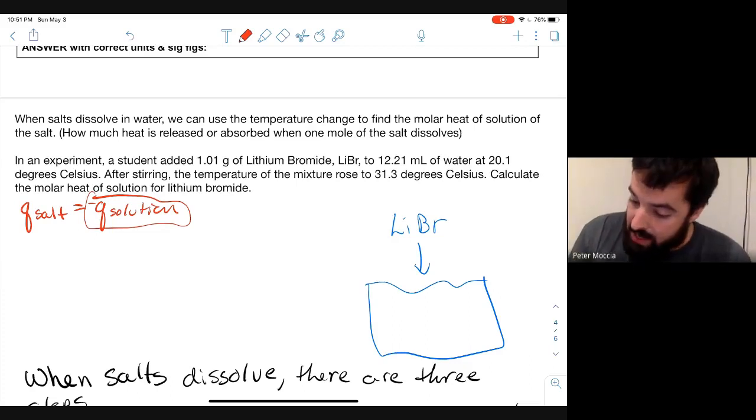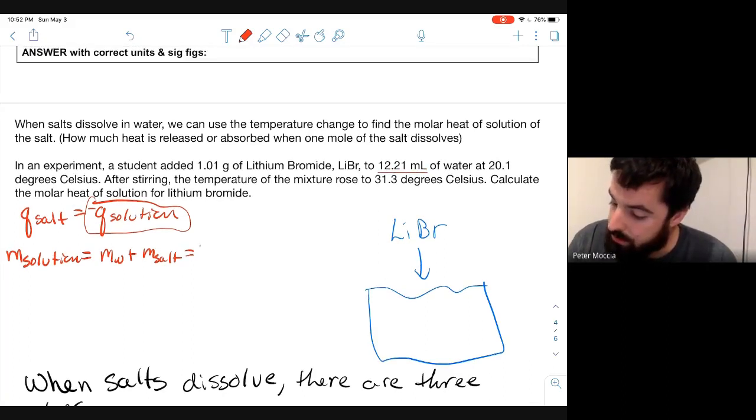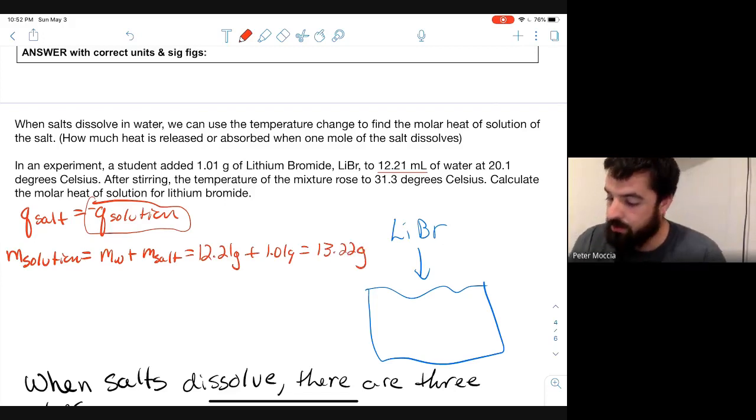All right, so the mass of the solution is going to equal the mass of the water plus the mass of the salt. So 12.21 milliliters of water is the same as 12.21 grams of water. So 12.21 grams plus 1.01 grams is 13.22 grams.